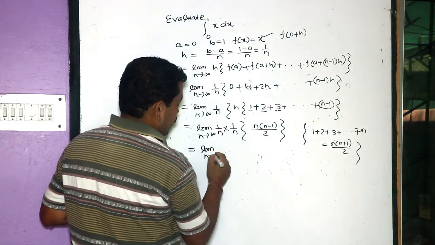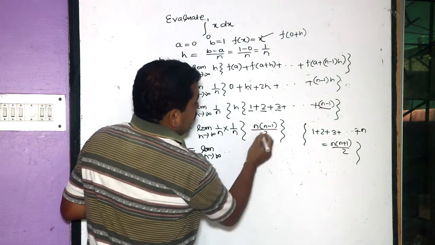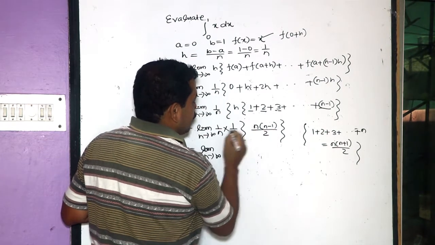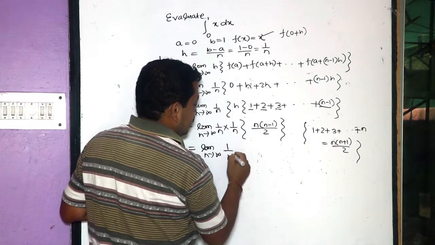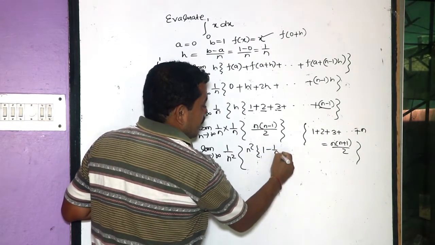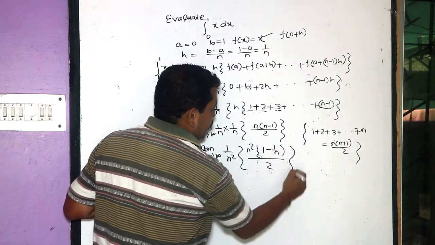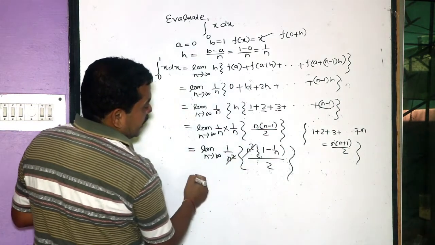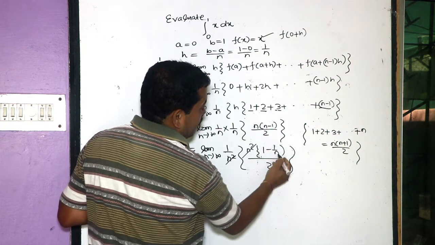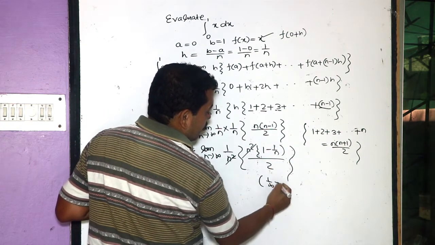Limit n tends to infinity. Taking n common from the numerator, we have n square, and here also n square: 1 by n square into (1 minus 1 by n) by 2. Cancelling n square, we have 1 by 2, because 1 by infinity is 0.